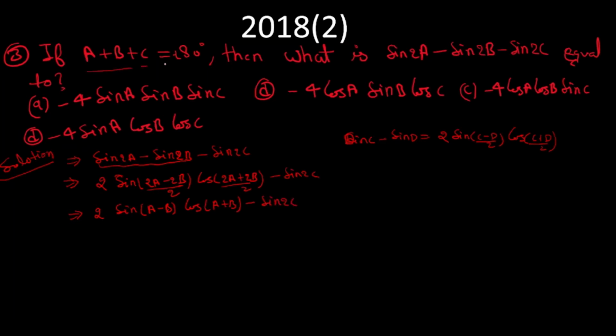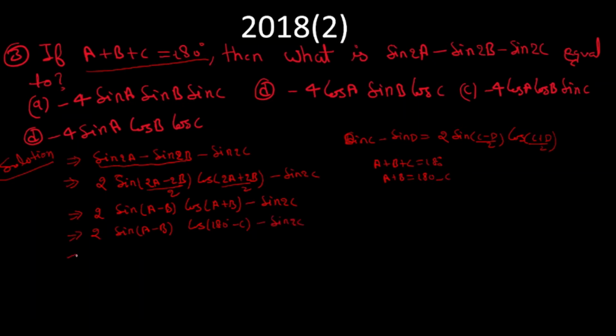But we are also given that a plus b plus c equal to 180 degree. So a plus b equals 180 degree minus c. So we put that here. So we get 2 sine a minus b, and cos 180 degree minus c, minus sine 2c.